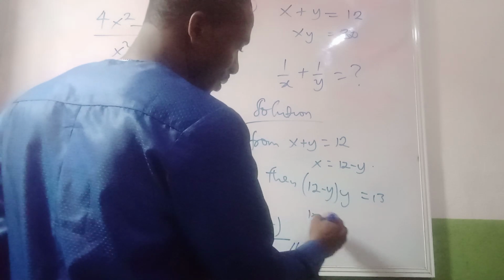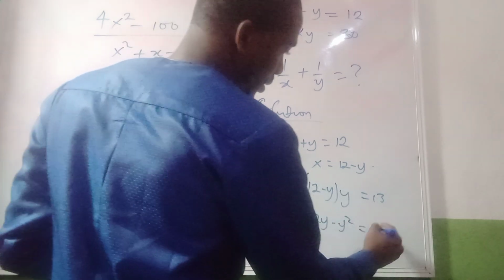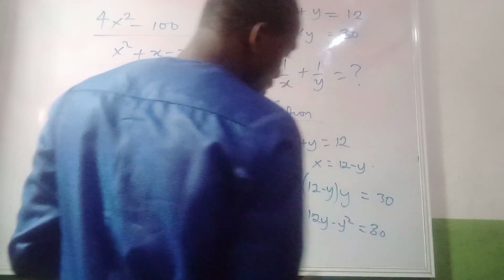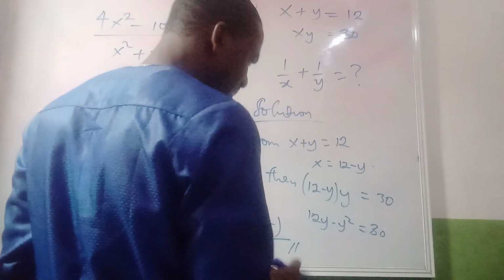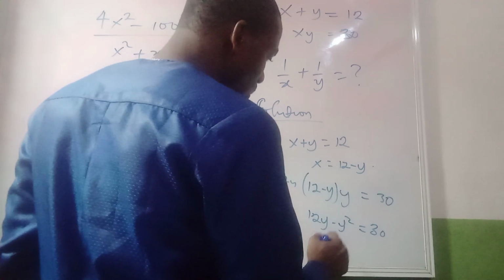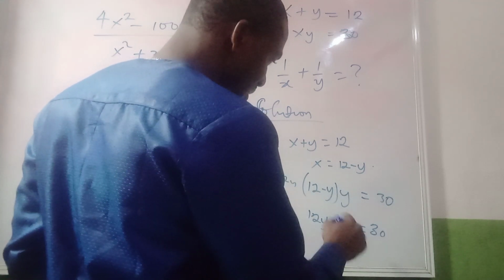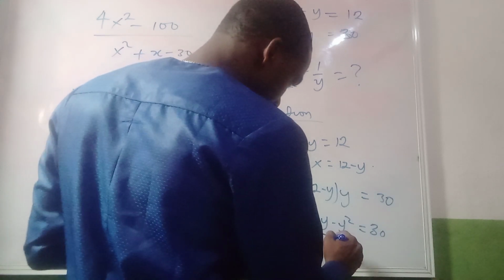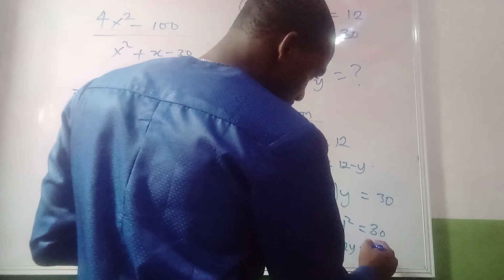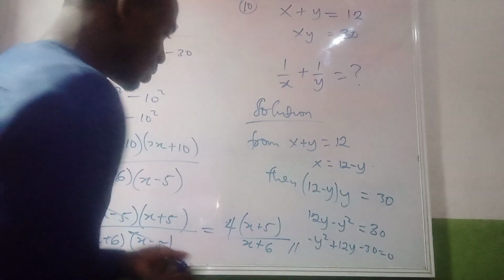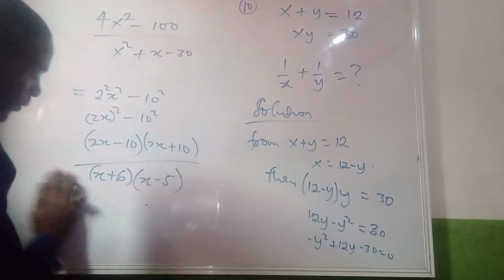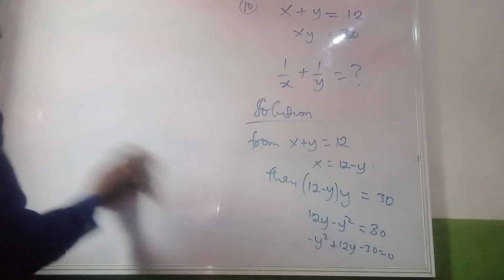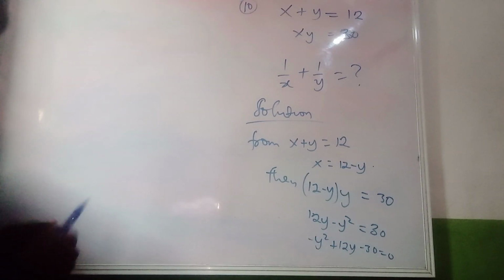Here we're going to have 12y minus y squared equal to 30. So if it is like this, I can bring this here. So I have minus y squared plus 12y minus 30 is equal to 0. I can solve this. I told you that when you come across quadratics, I know the majority of mathematics questions revolve around quadratics.